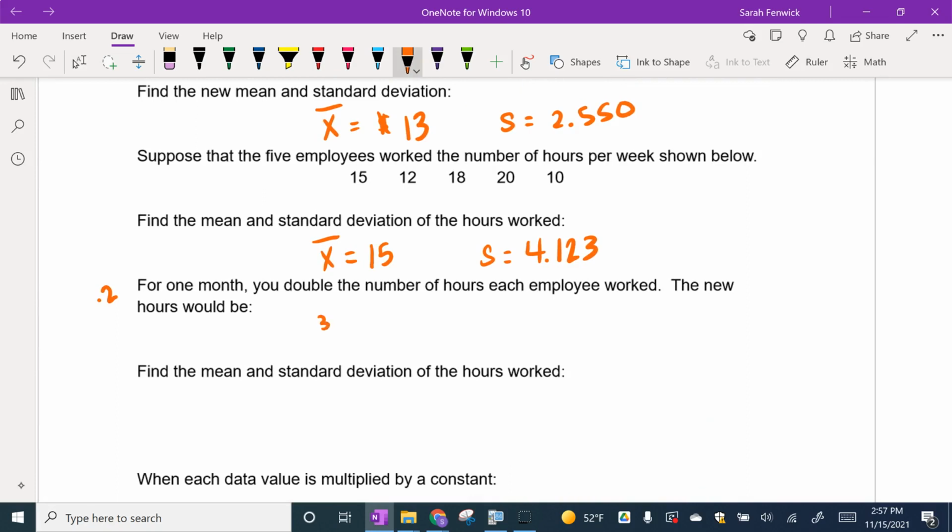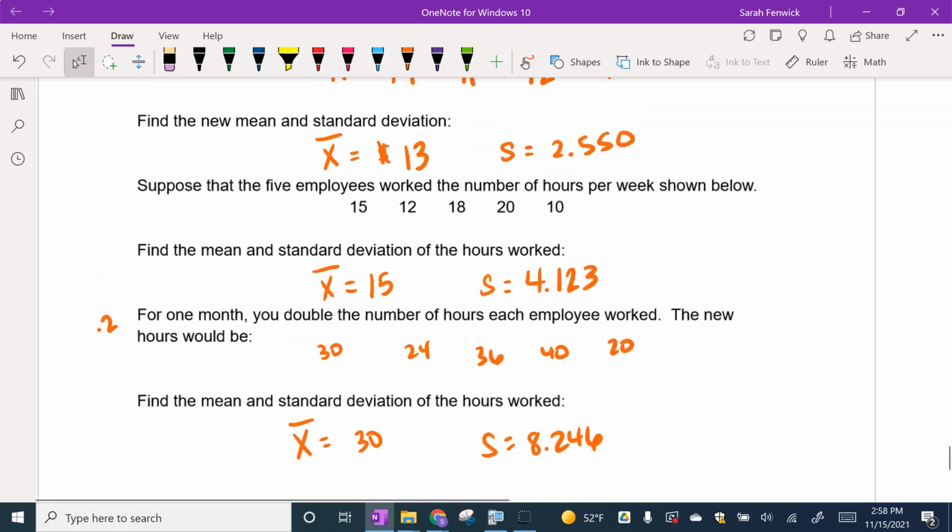The new hours: 30, 24, 36, 40, 20. The mean now is 30, and the standard deviation is 8.246.